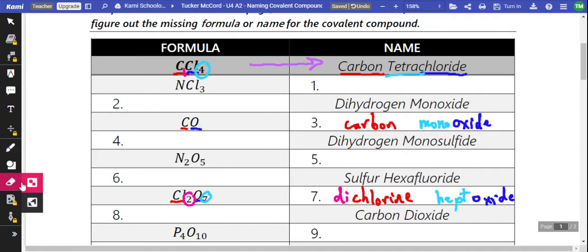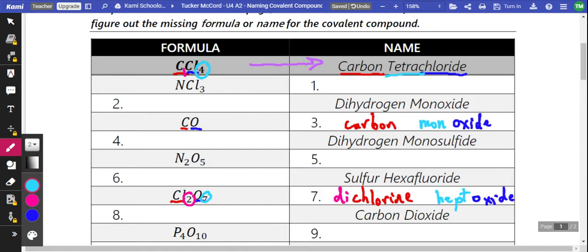So to make this sound a little smoother, we're just going to change that to monoxide. So carbon monoxide is the name for this formula here. Again, another covalent compound made of only nonmetals. And you probably recognize carbon monoxide as something you hear in your day-to-day life.